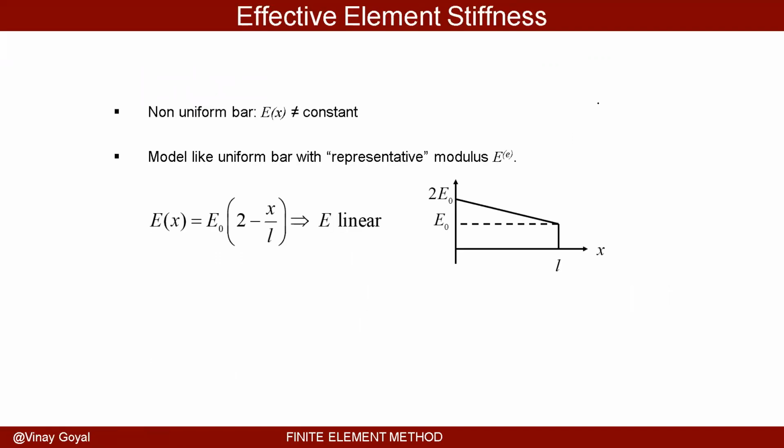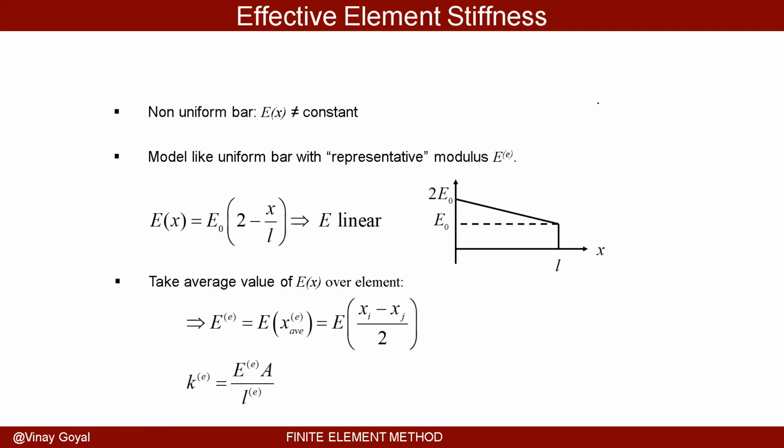And because E of X varies, we can take an average over the element. Say this is I and this is J. I could calculate the midpoint somewhere here, so that will be xi plus xj divided by 2, and that'll give me an average value somewhere in between. So that's one way to define k if the modulus varies like that.